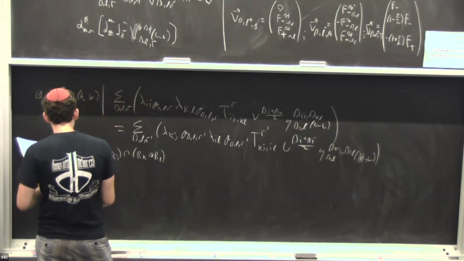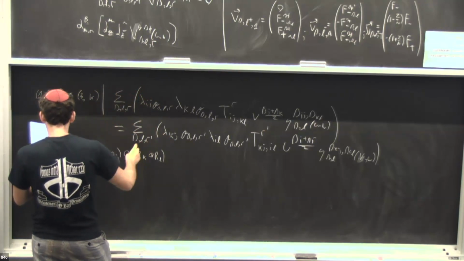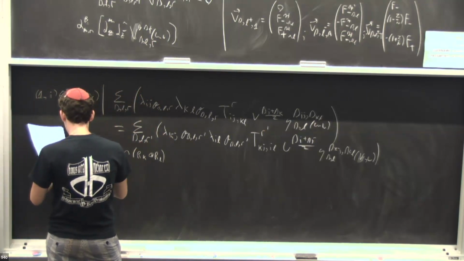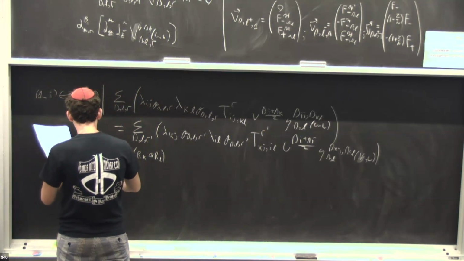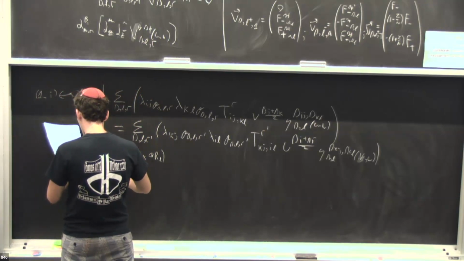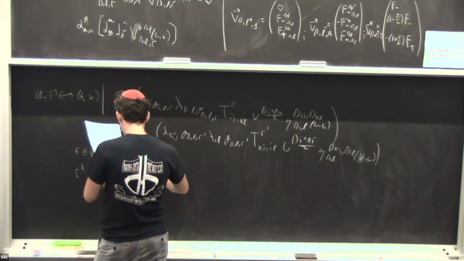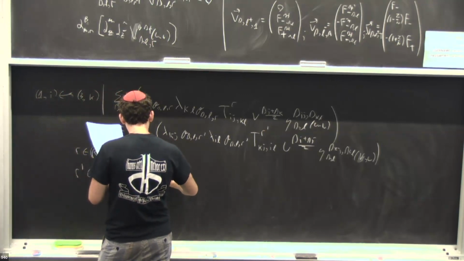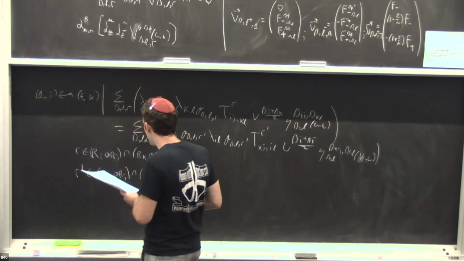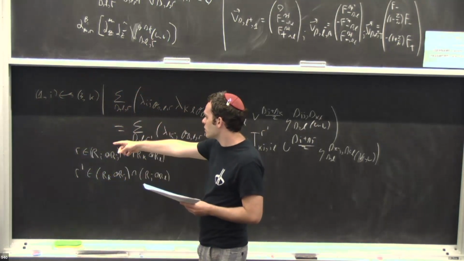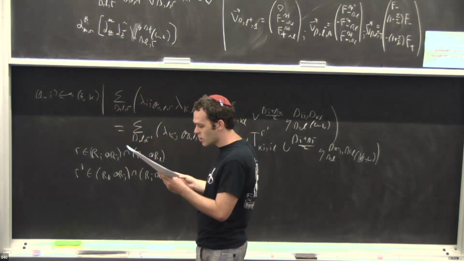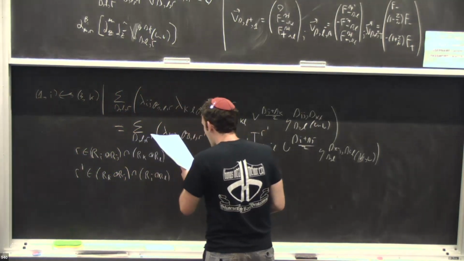On the other hand, the representations R prime, which appear after swapping, they have to appear in the swapped representations. So Rk with Rj, as well as Ri with Rl. Okay, and so of course in general these will be different representations. So the set of representations R will be a different set of representations R prime in general.